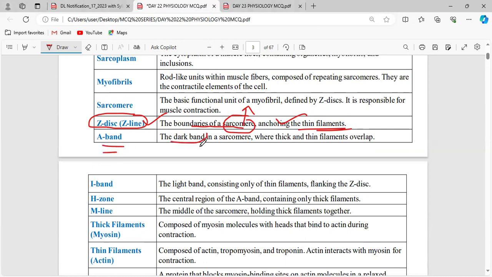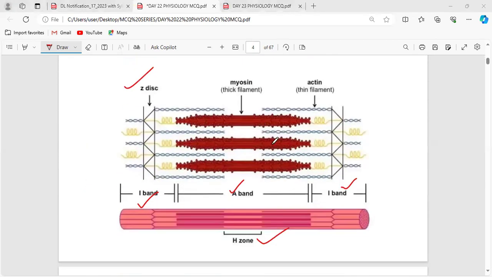The A band is the dark band, where the thin and thick filaments overlap. The I band flanks the Z disc, the H zone is the middle part of the A band, and the M line is the middle line of the sarcomere, which holds the thick filaments together.